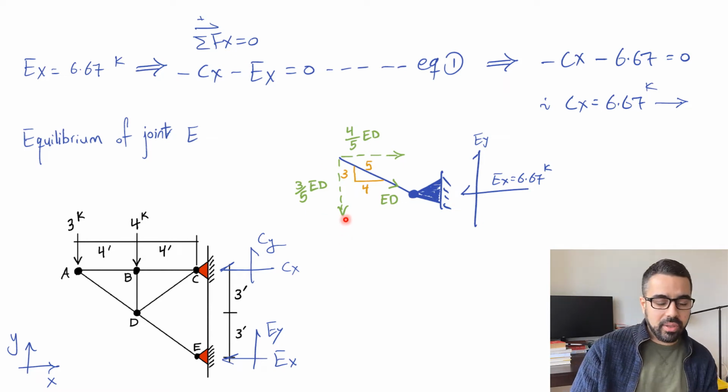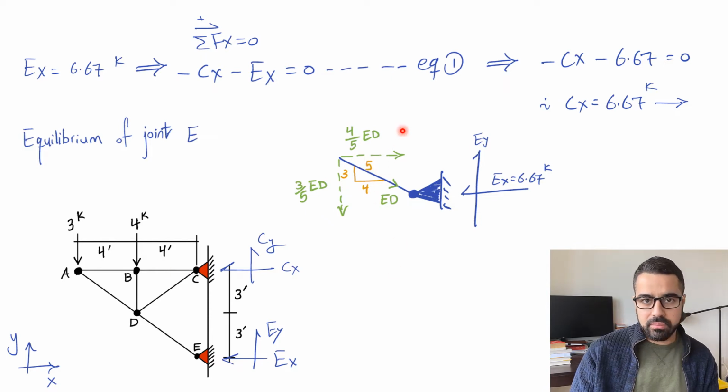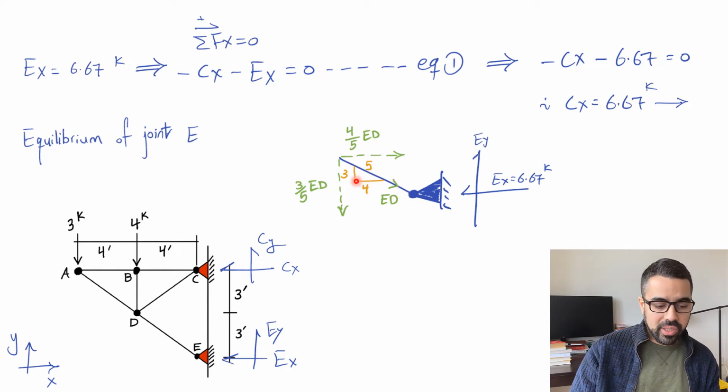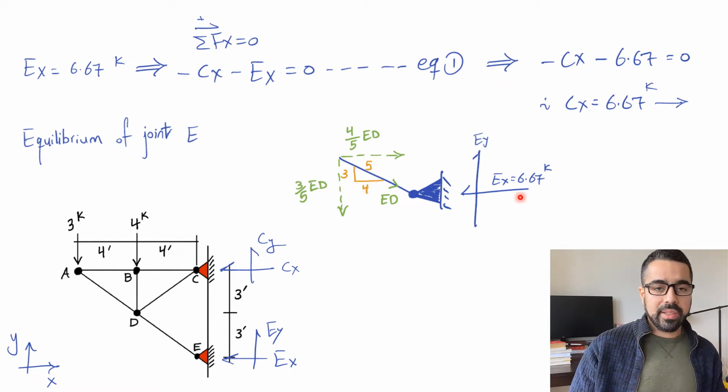So in order to find the components, really, we have to know the angle, or basically the magnitude of those sides. So for this one, 3 is the vertical side, which is basically this one. 4 is the horizontal side, and then we can use the Pythagorean theorem to determine really the chord length. So 3 squared plus 4 squared and their square root, that's going to give us really 5. So first, I assumed the force in the member ED to be in compression.